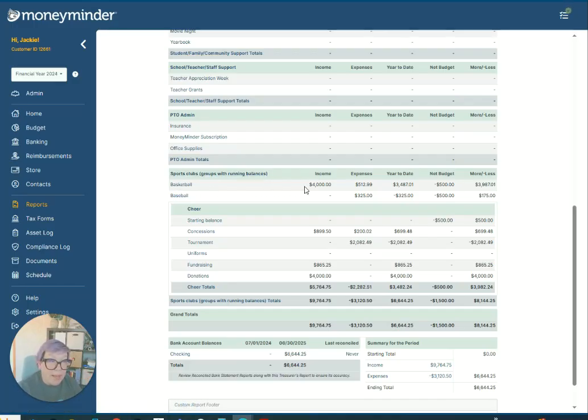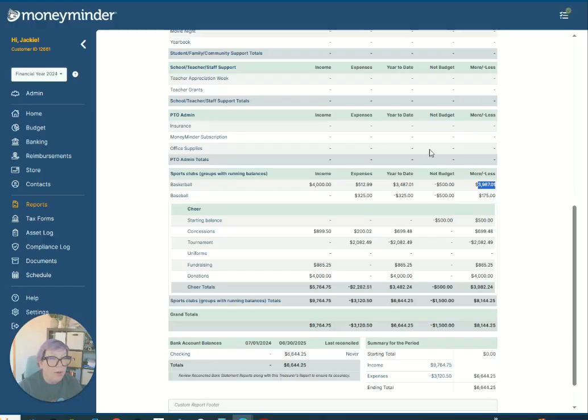So here you can see my basketball. I started out with $500. And here's the story through their year. They made some income. They made $4,000 in income through the whole entire calendar year. They spent some money. They spent $512.99. And now I can see that their ending balance for financial year 24 is going to be $3,987.01.